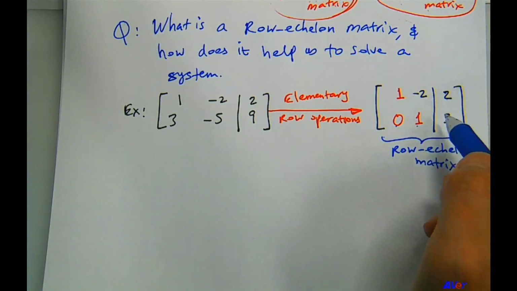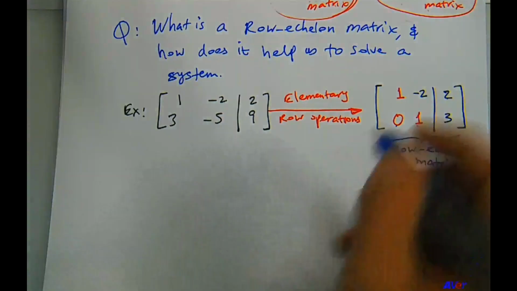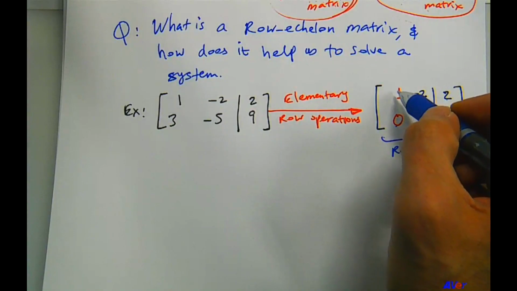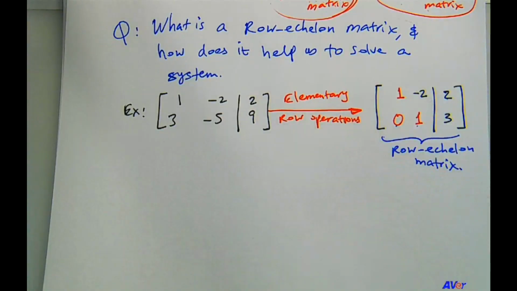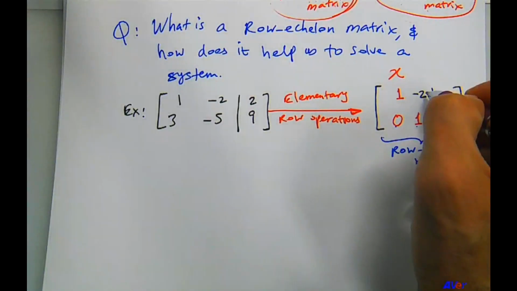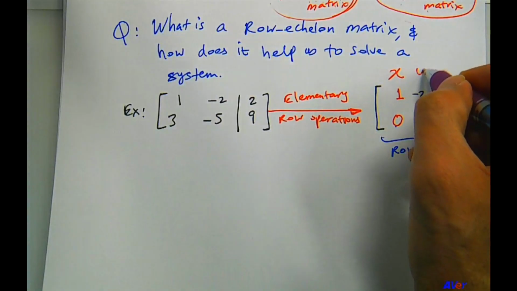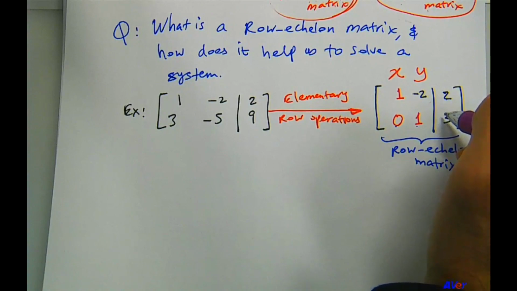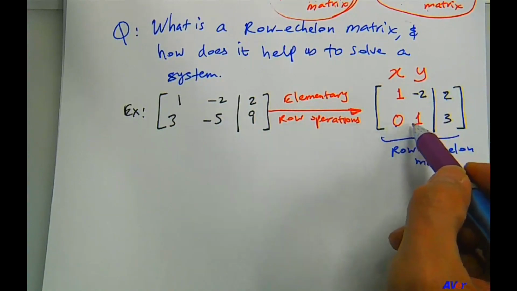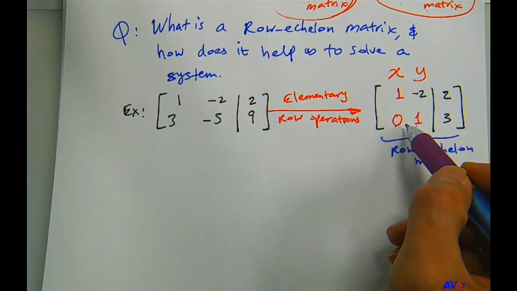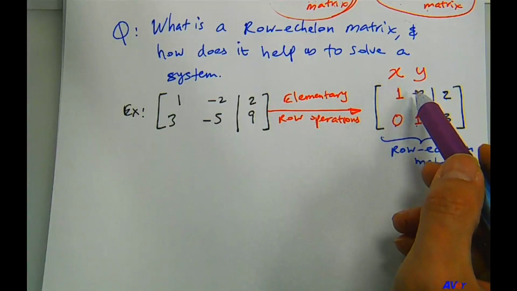So how do we solve the system using the row echelon form? Well, remember that each of these columns are the coefficients of variables. The first column, these are the coefficients of variable x. The second column are the coefficients of variable y, and the far right numbers are the constants. So knowing that, start from the bottom up and rewrite the original equation with the variables included.